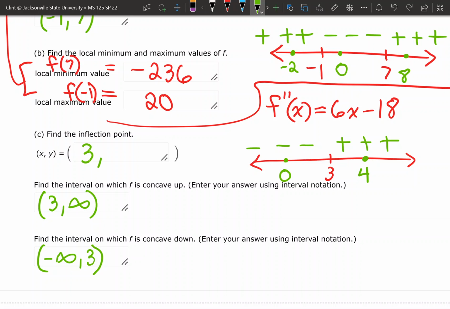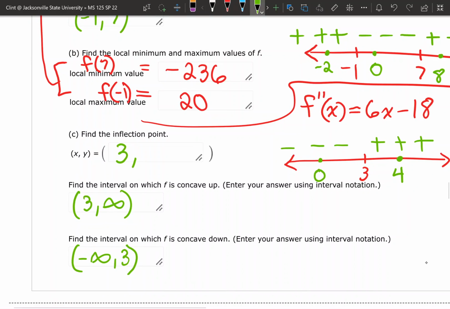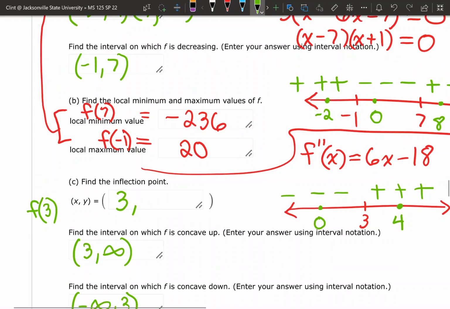And then this particular one also wants the y coordinate, so we would just find f of 3. We go back to our original function.